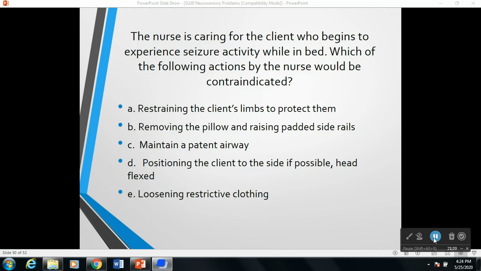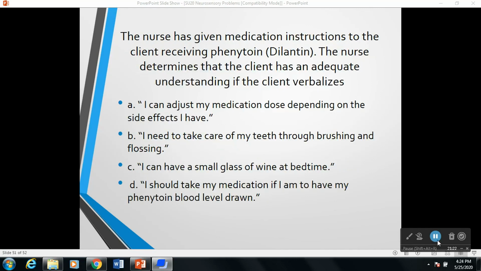The nurse has given medication instructions to a client receiving phenytoin, Dilantin. The nurse determines that the client has adequate understanding if the client verbalizes, so you're looking for a correct answer. A, I can adjust my medication dose depending on the side effects I have. B, I need to take care of my teeth by thoroughly brushing and flossing.